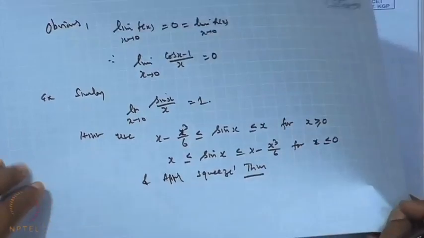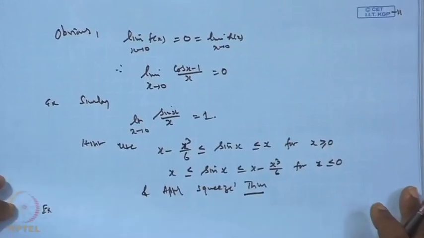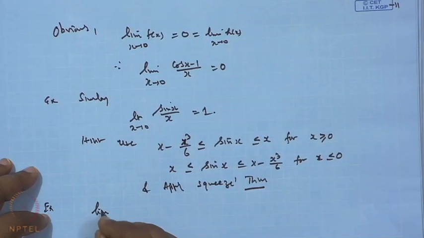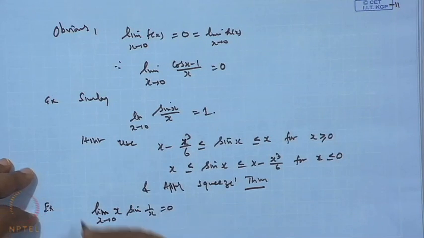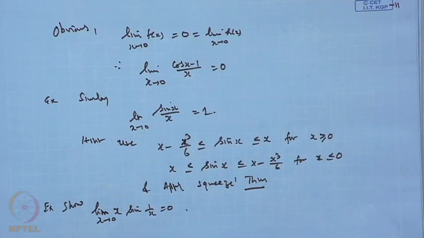Now, let us take one last example, where we want to show that the limit of x sin(1 by x) is 0. Now, again we will apply the squeeze theorem. Sin of z will always be bounded by minus 1 and 1.